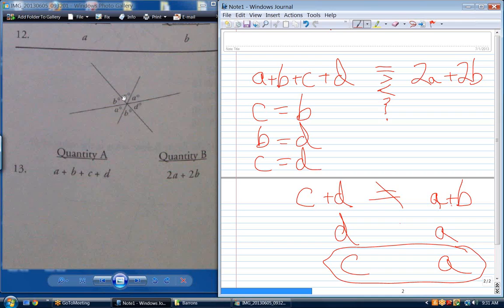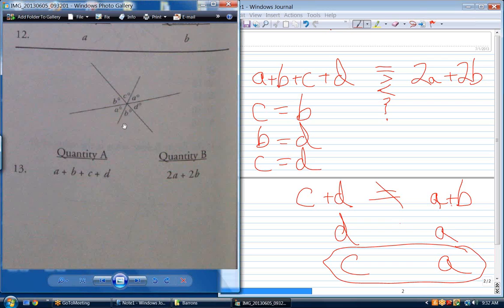And since they don't tell us anything about that, it can't be determined. Nothing prevents me from moving that line. In other words, that line is not fixed at an angle since they haven't given me any angles. So I can definitely rotate that line, making C bigger in some cases or A bigger in some cases.